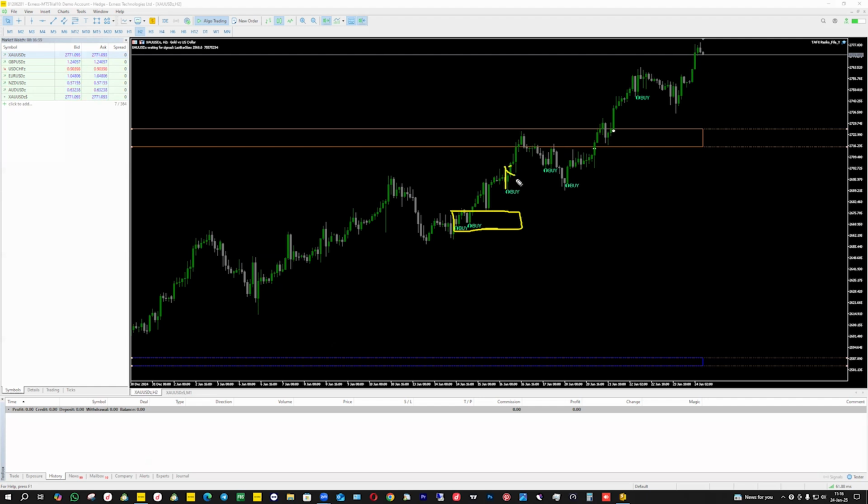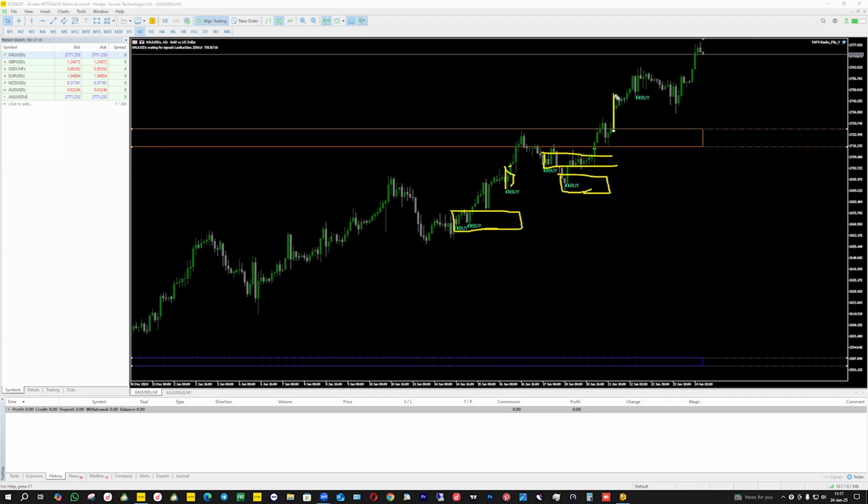You can see we have a breakout here. We have another order block at this point, and another order block at this area. Then when the market dropped to our extreme, this is the engineer area, we have another order block here.